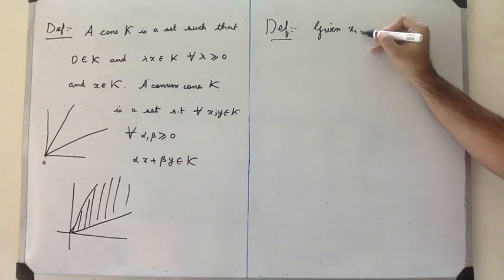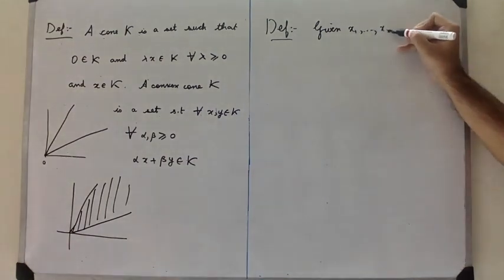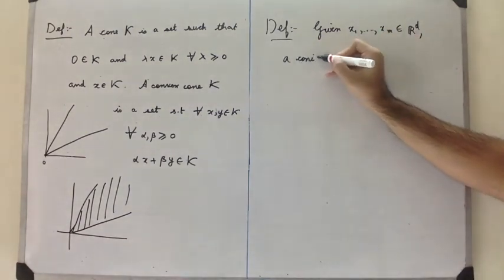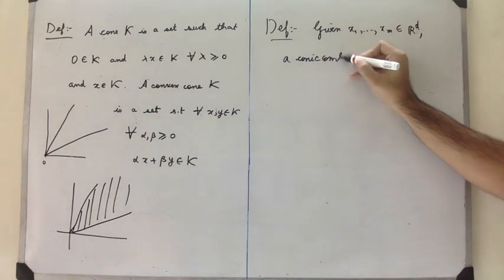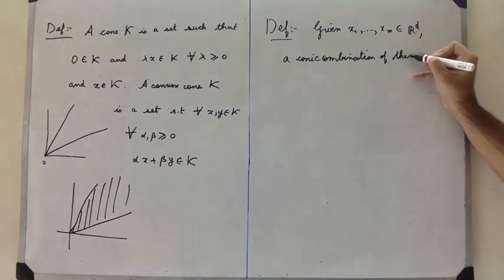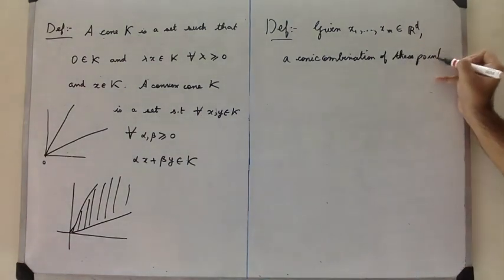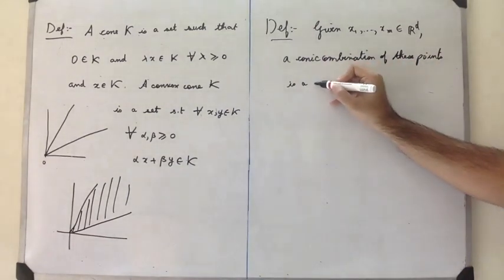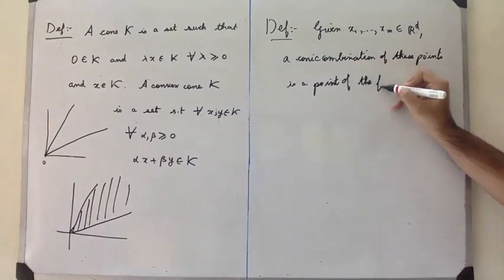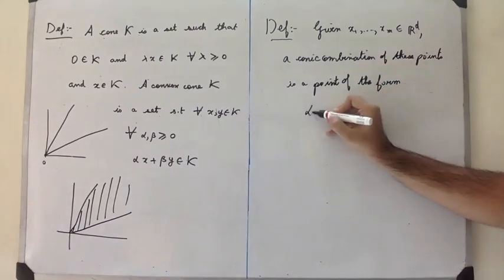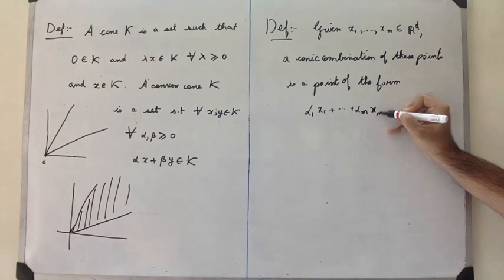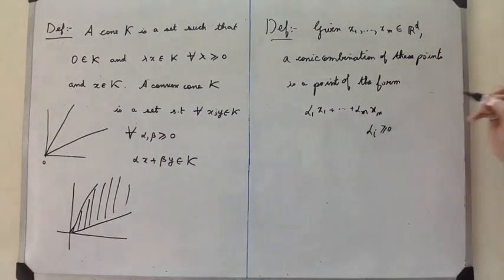Given x1 up to xn contained in R^d, a conic combination of these points is a point of the form alpha 1 x1 plus etc. plus alpha n xn, where all the alpha i's are greater than or equal to 0.